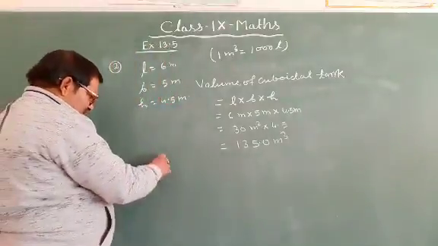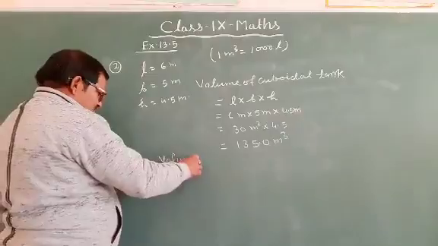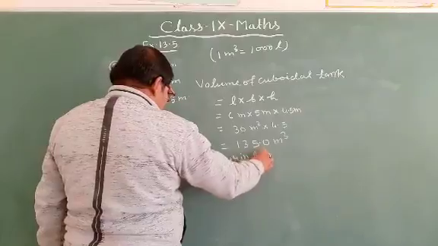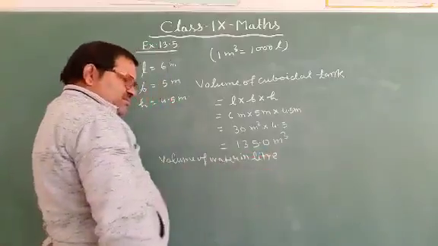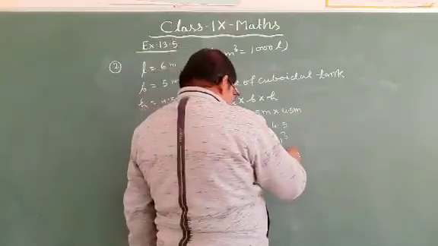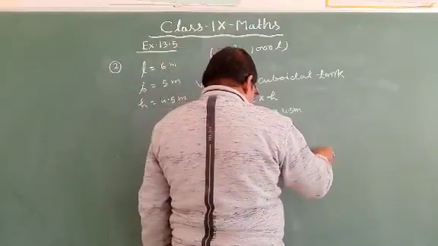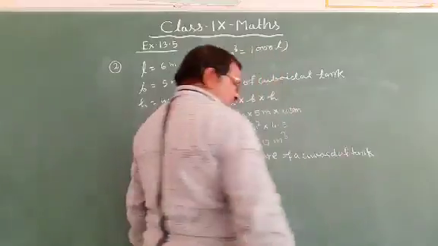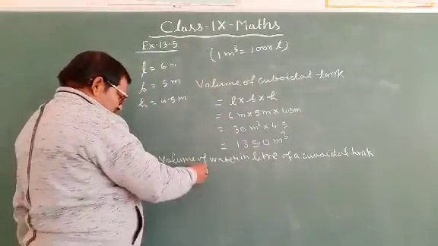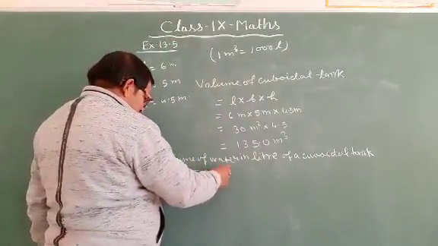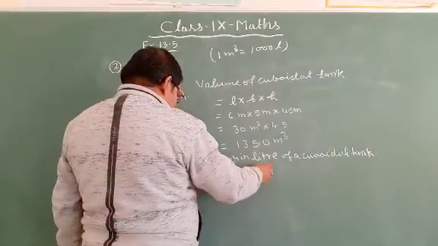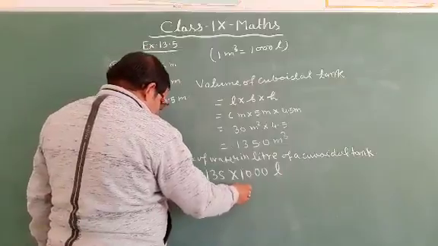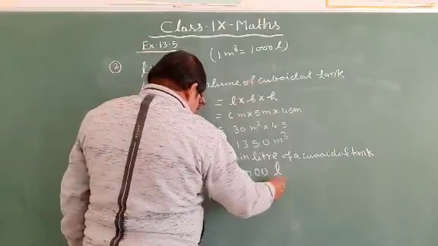Now the volume of water in liter of the cuboidal tank is equal to 135 into 1000 liter, that is equal to 135,000 liter.